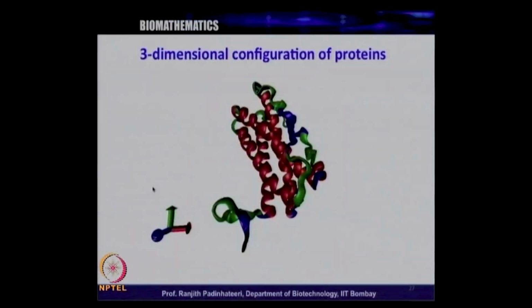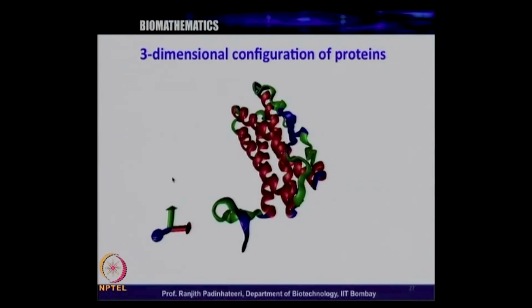It is a part of biophysics to learn about the structure of a protein. As you can see in this slide, for example, you have a typical structure of some protein. You can see some helices, and you can see the x, y, z axes here.